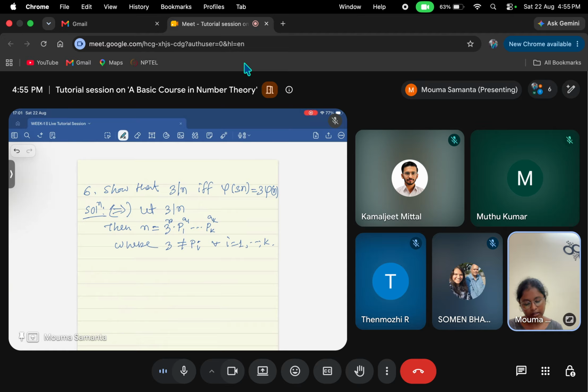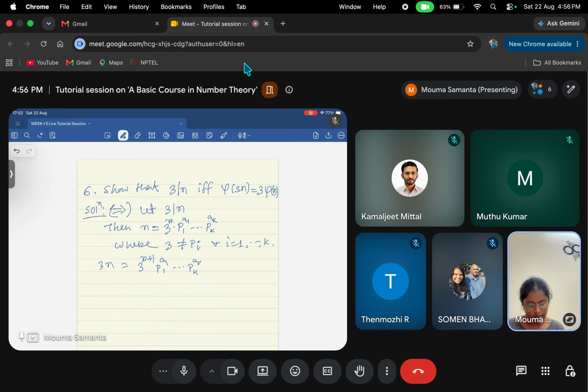So again, what will be phi of 3n then? First, what is 3n? 3n is 3 power r plus 1, p1 power a1, up to pk power ak. The remaining powers of the pi's will not change because 3 is none of those pi's.